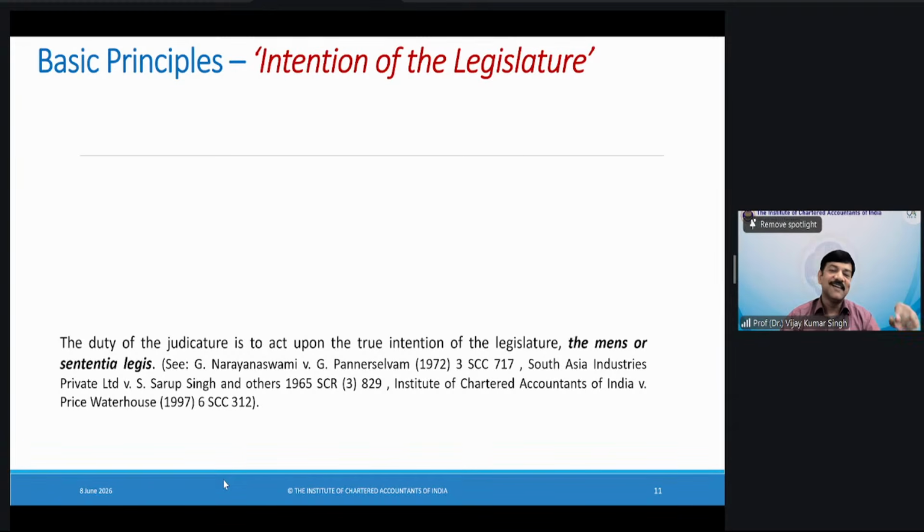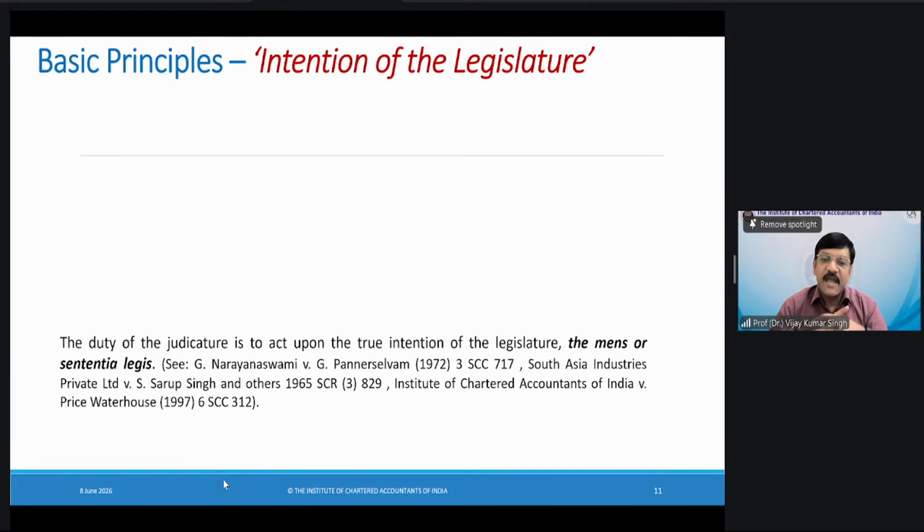In court? No. How can you find it in court? Court interprets, but where do you find the intention of the legislature? Court finds that, but every time there is no need for going to court.